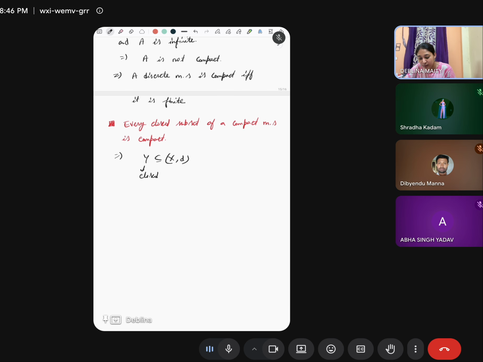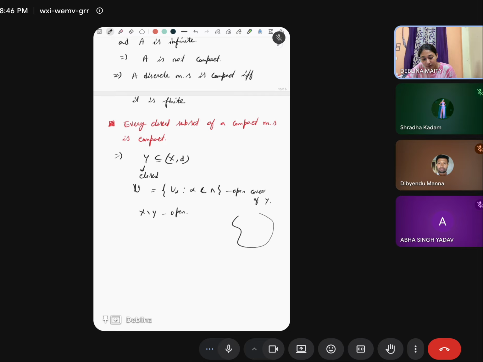So take an open cover U alpha, where alpha belongs to Lambda, where Lambda can be arbitrary. This is an open cover of Y. I'll just quickly tell the proof. Now since Y is closed, X minus Y is open.